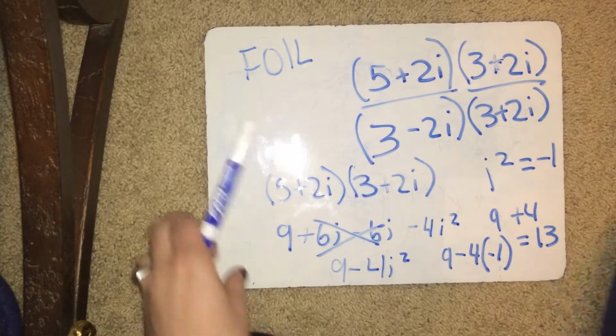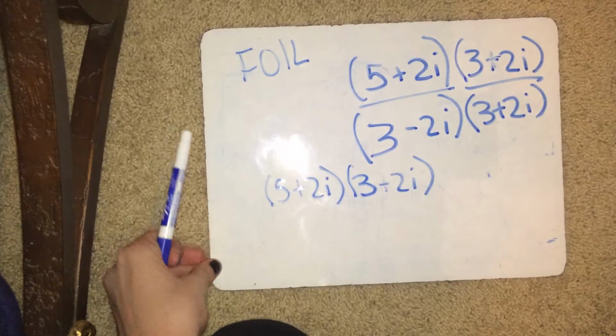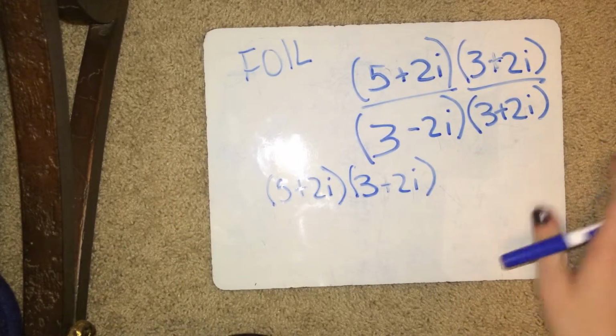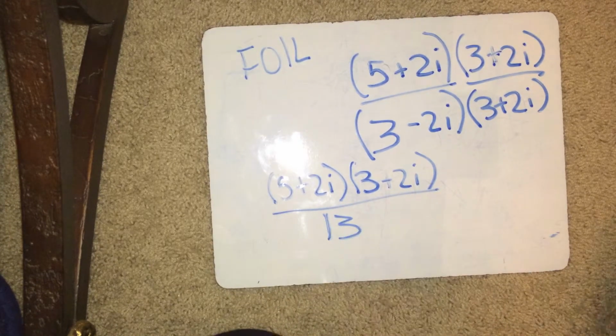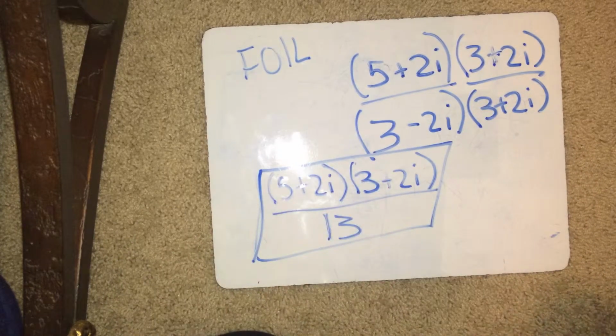So that 13 would be the denominator, and in this case you don't have to do the top, so that would make it over 13, which would be the final answer unless otherwise told to simplify the top.